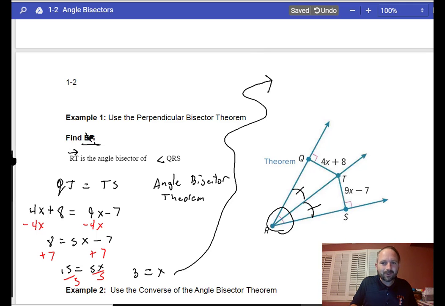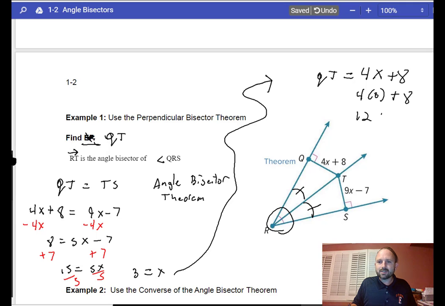I'm looking for QT. Sorry, guys. So I'm looking for QT. Well, QT is equal to 4x plus 8. That's given. Well, if that's equal to that, I can substitute this in. And if I substitute it in, eventually I get QT is equal to 20.